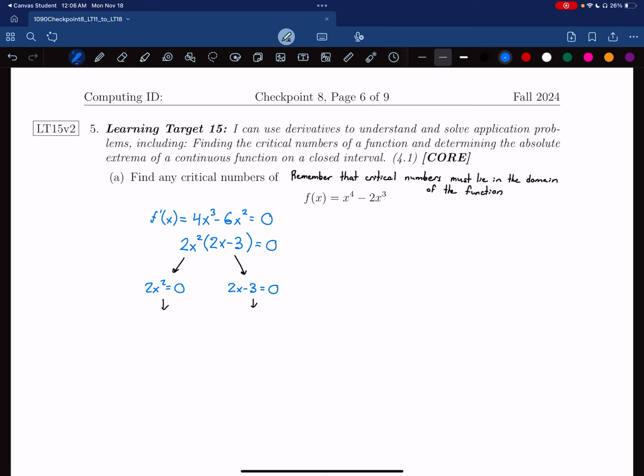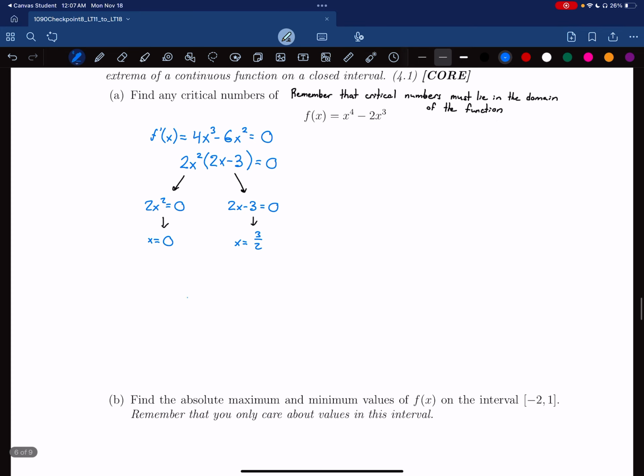So from there, we can determine that x equals 0 is a critical number, and x equals 3 over 2 is a critical number. So I'll just write that here. Critical numbers: we have that x equals 0 and 3 over 2.